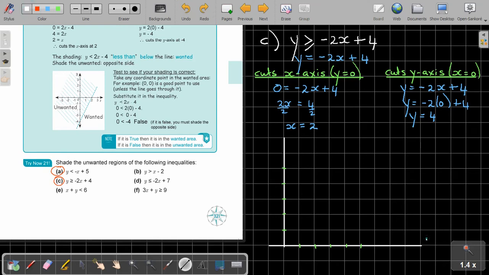Okay, this is the x-axis. And this is the y-axis. And again, I'm just going to mark it. This is 1, 2, 3, 4, 5. 1, 2, 3, 4, 5. And then I'm going to draw, it cuts the x at 2 and the y at 4.